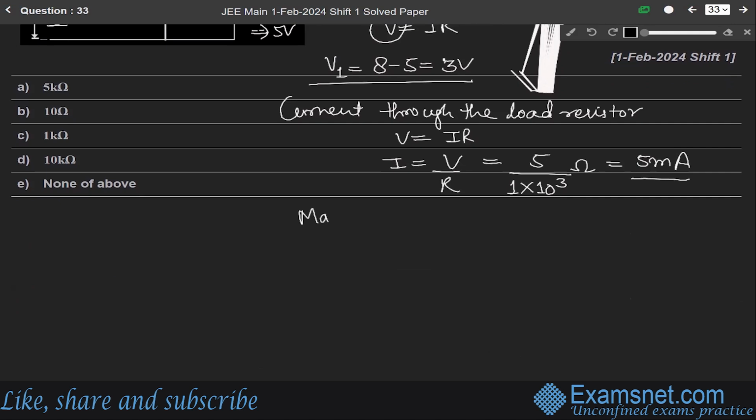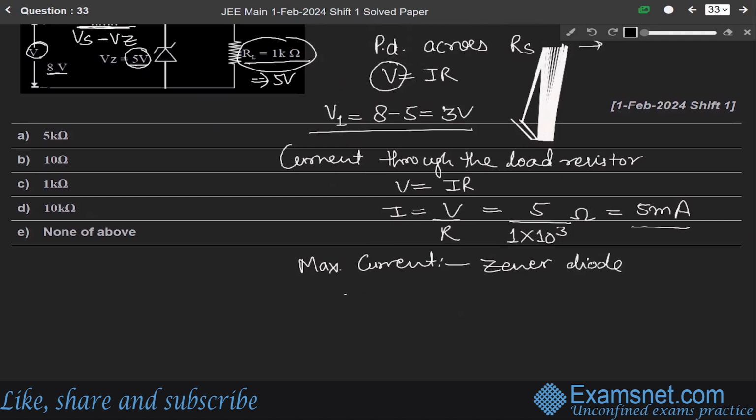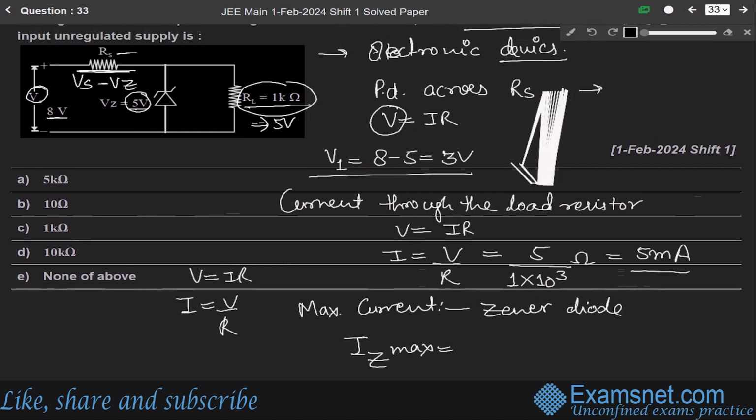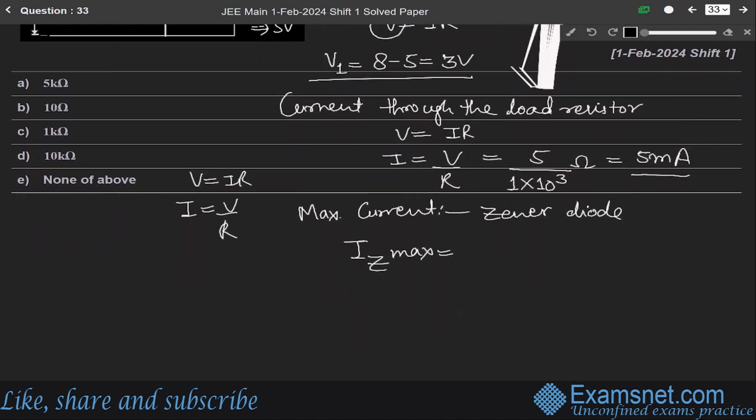Now the maximum current that is passing through the Zener diode, IZ maximum, using I equals V over R, will be 10 over 5.